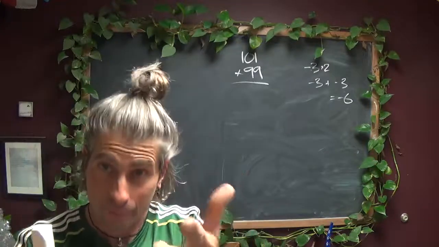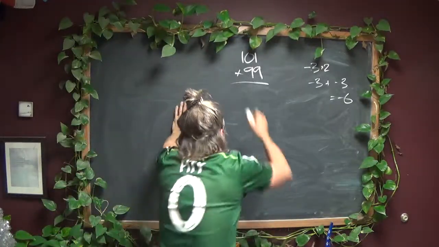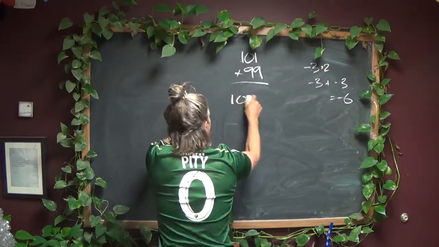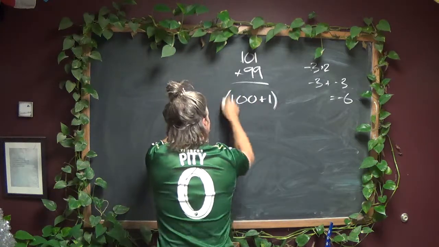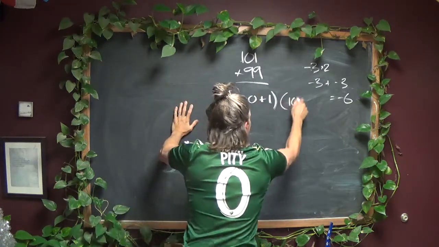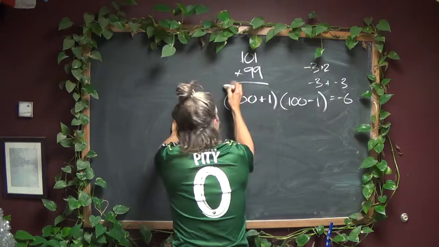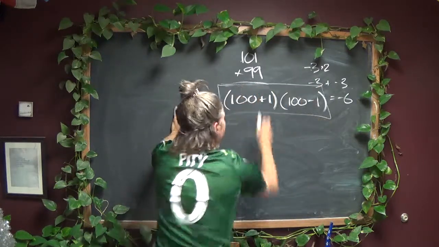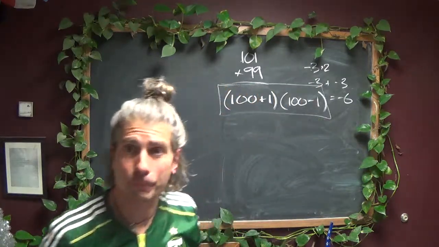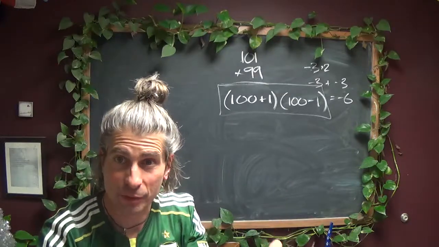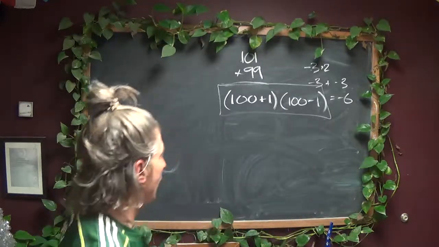Another way of thinking about it, though, is that 101 is 100 plus 1, and 99 is 100 minus 1. That's the same problem, because you can just rewrite the numbers as other numbers.